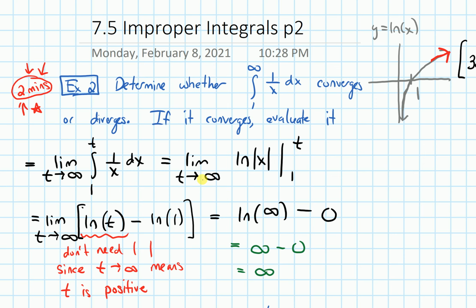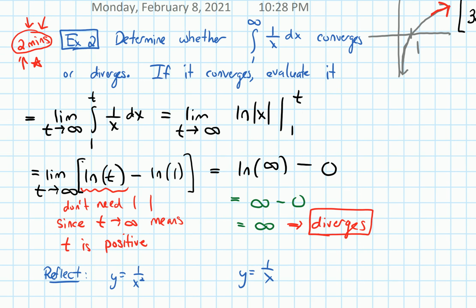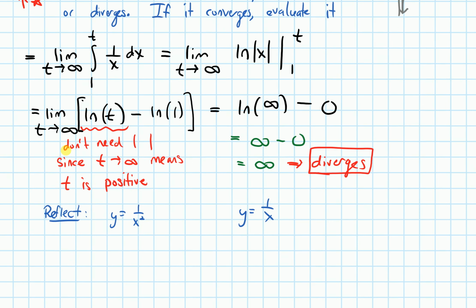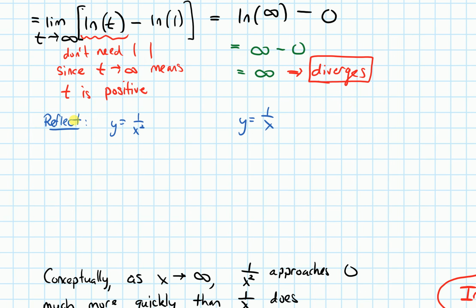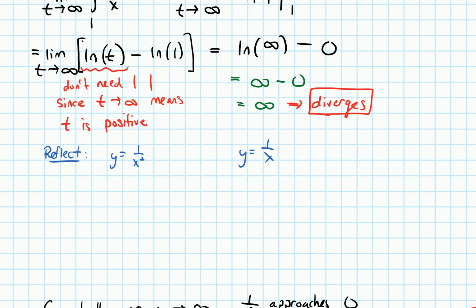So because our limit ended up being infinite, that means our integral diverges. So we've now seen an example of an improper integral that diverges. Alrighty, so I want to talk about, well, what does this mean in terms of areas? Because we did it with the last example with 1 over x squared. What does it mean with 1 over x?